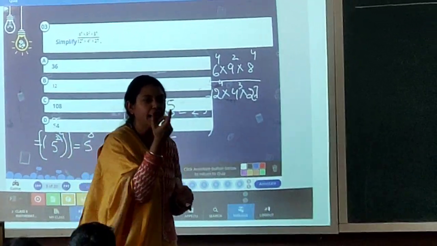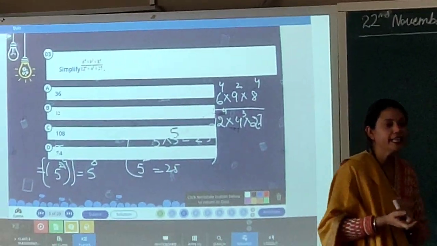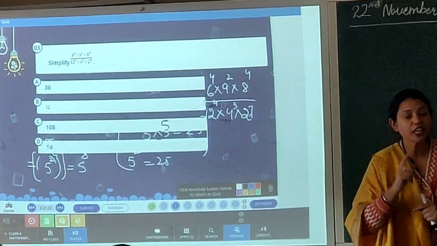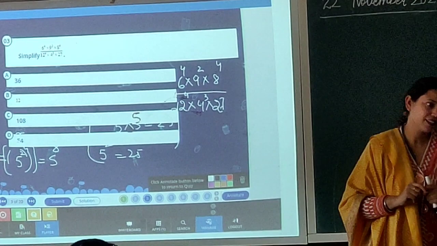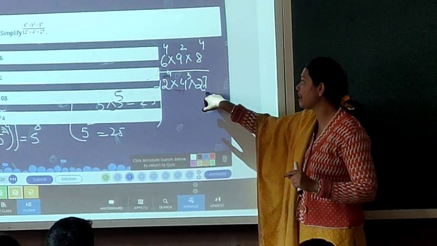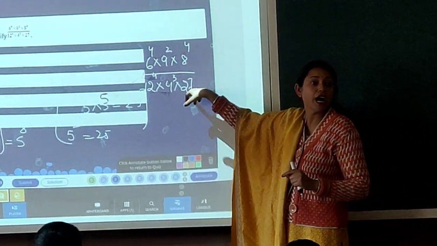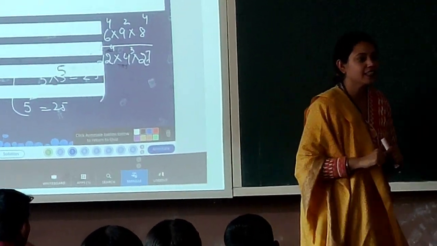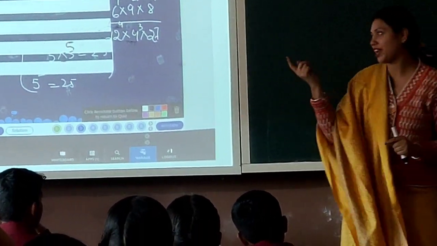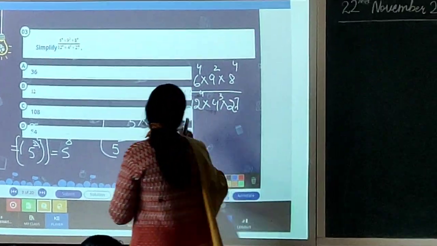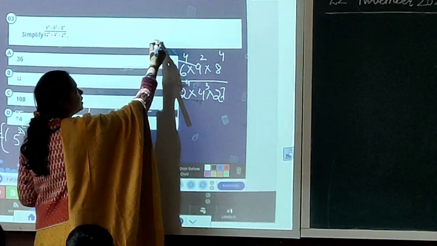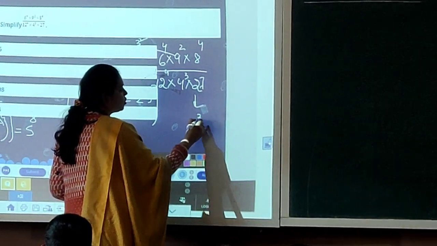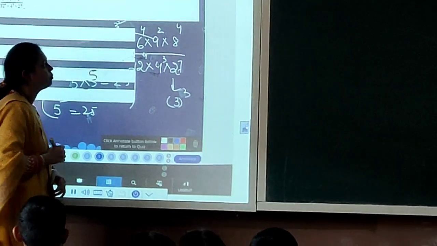How many times must a number multiply itself so that you get 27? Think fast. 27 can be written as 3 raised to power 3. And 9 can be written as 3 squared. Very good, talented students.